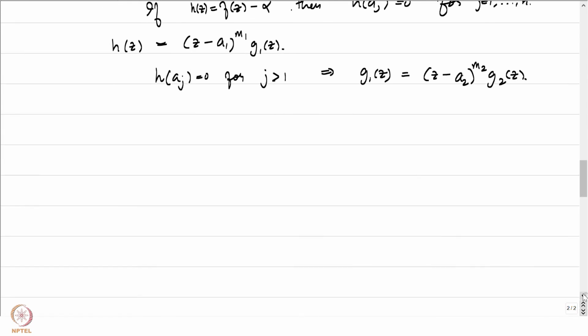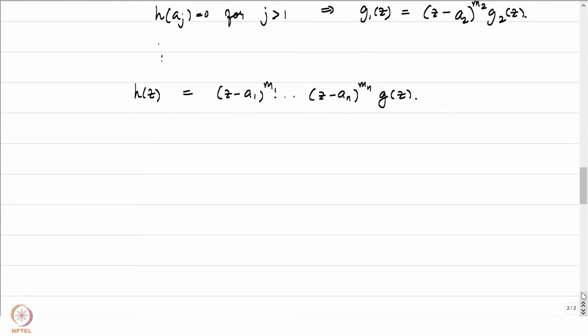The multiplicity of the 0 a2 of g1 will be the same as the multiplicity of the 0 a2 of h. You should sit down and check that as well. And finally we will be able to write h of z as being equal to z minus a1 to the power m1 up to z minus an to the power mn into some function g of z.